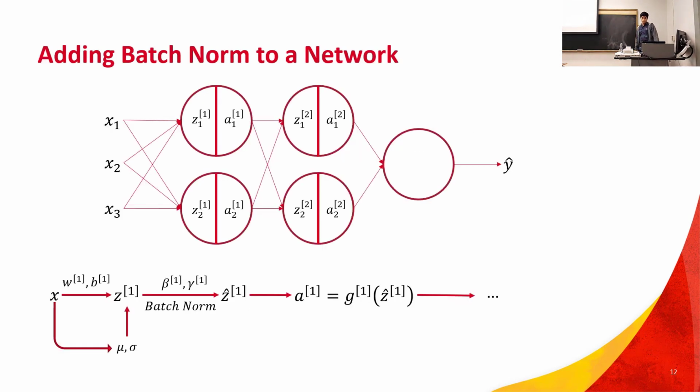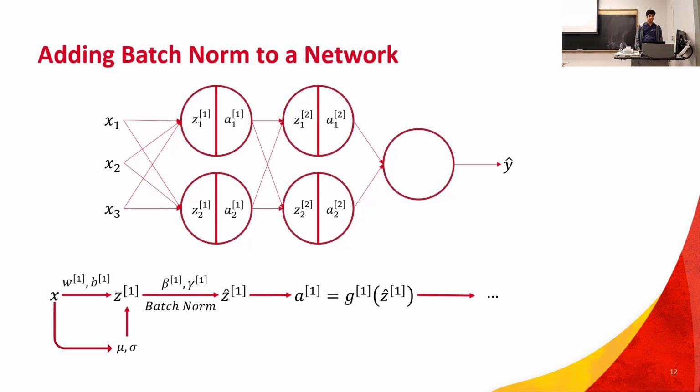If we have a normal network without batch normalization, we have x1, w1, v1, and we calculate the linear function and get z1. We feed z1 to the activation function and get a1, and then the rest. But what happens in batch normalization is this.